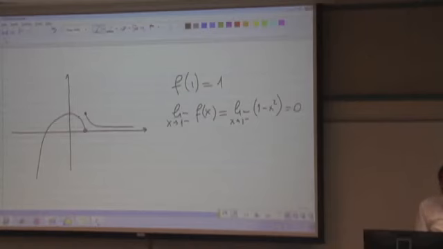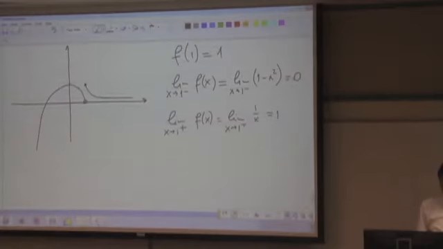And if I come from the other side, the limit as x goes to 1 plus of f of x is the limit as x goes to 1 plus of 1 over x, which is equal to 1. This means that the limit as x goes to 1 of f of x does not exist, which means we're not satisfying the second criterion we discussed, right?